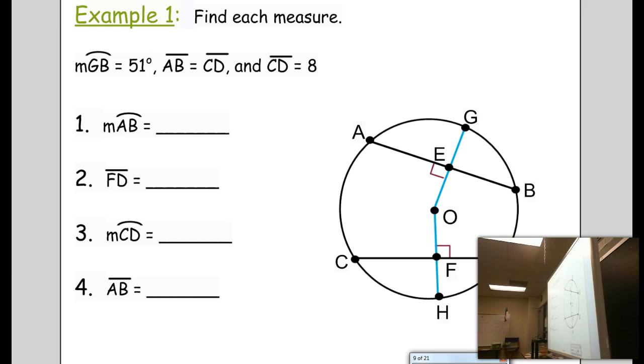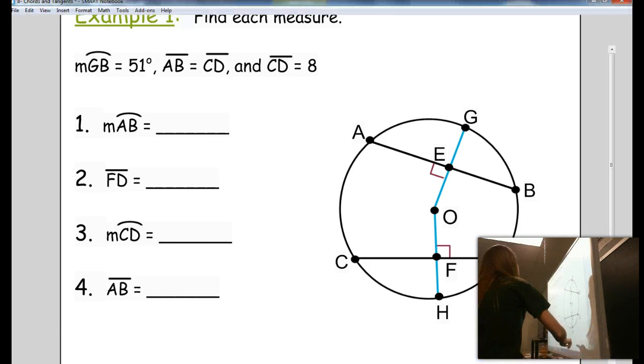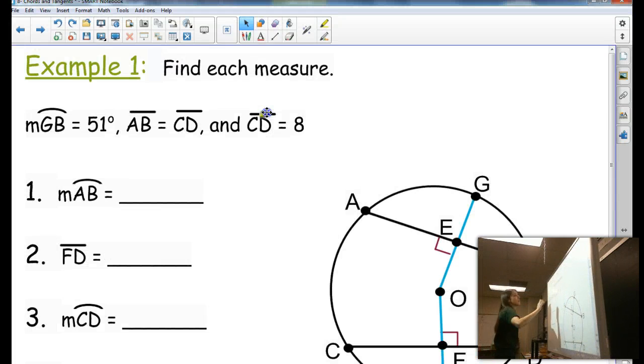Arc GB is 51. AB is congruent to CD. CD is 8. There's some bad notation here. I don't know what teacher went in here and added these symbols, but that should not be there. Excuse me while I fix this.